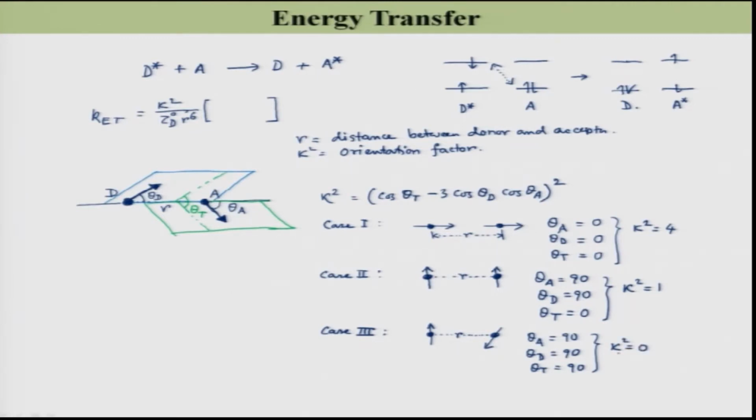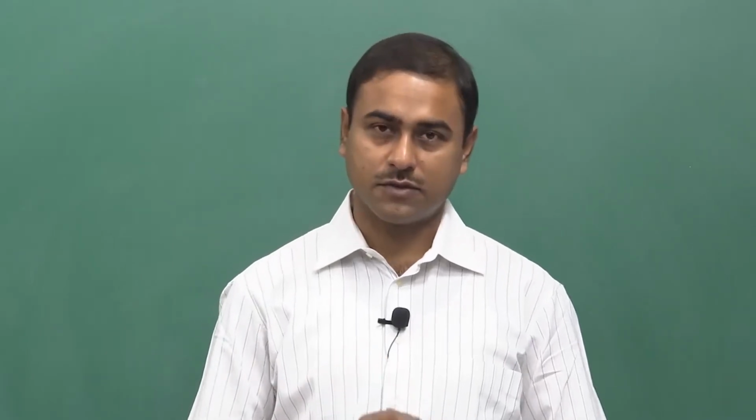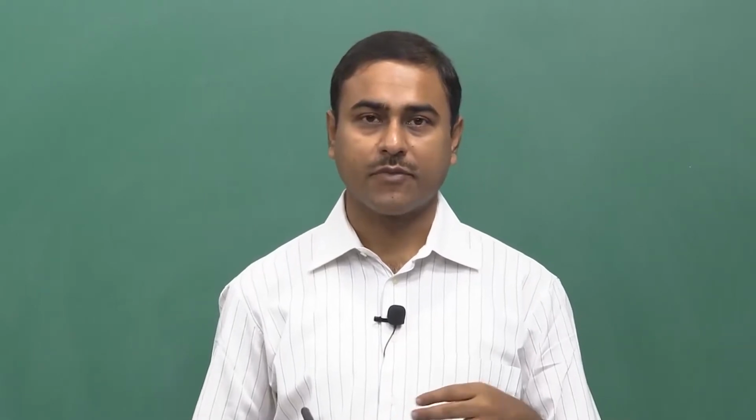So, you see, depending on the orientation of these two dipoles mu D and mu A, the value of kappa square actually varies a lot, from 4 to 0, and that is the problem. Suppose you think of a situation where you have the donors, and how these donor molecules will orient in the solution.